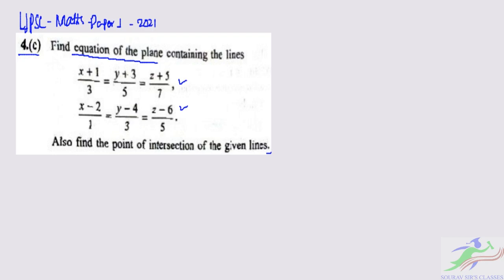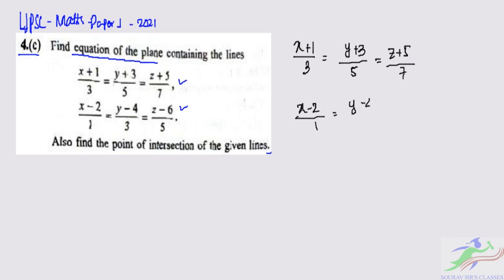So we have (x plus 1) by 3, (y plus 3) by 5, (z plus 5) by 7. And this is (x minus 2) by 1, (y minus 4) by 3, (z minus 6) by 5.